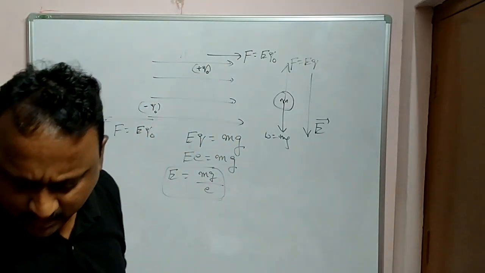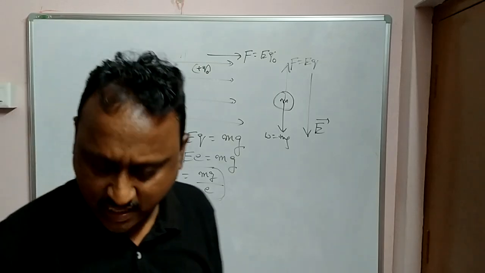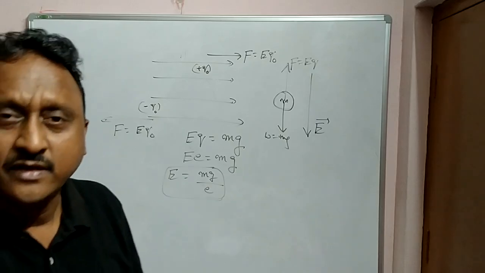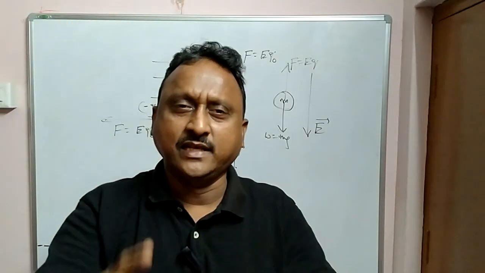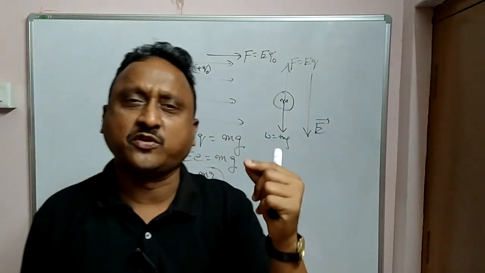Clear? After this we will deal with the motion of a charged particle in a uniform field, which is freely falling. I will deal with this in part 2. You can take this as part 1 of electrostatics.